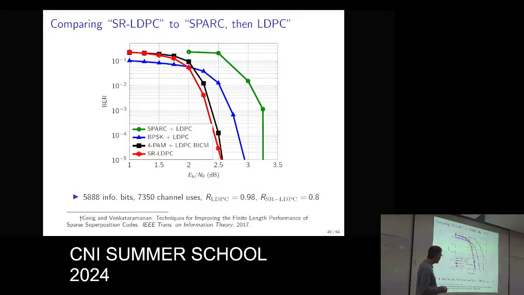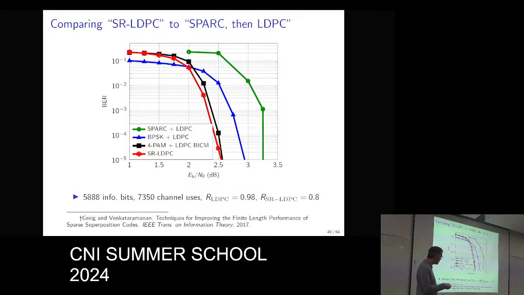On the x-axis here, we have the quality of the channel. On the y-axis, we have the bit error rate as measured at the output after making a hard decision on the code. We have 5,888 information bits that are going to be used through 7,350 channel uses.